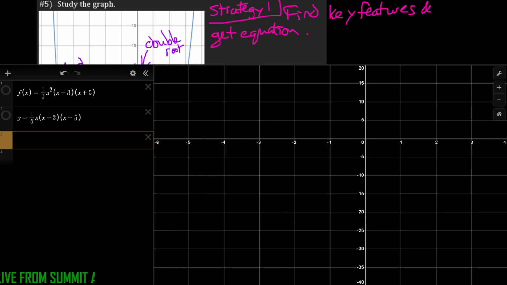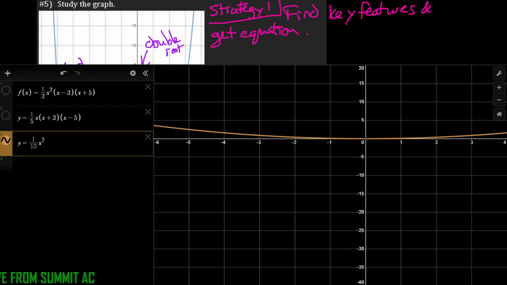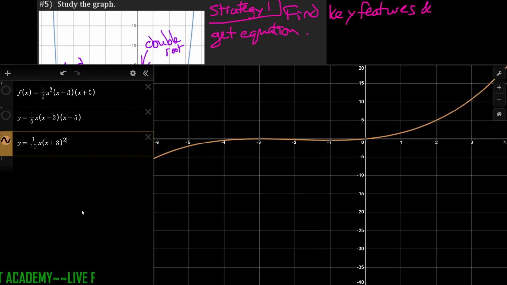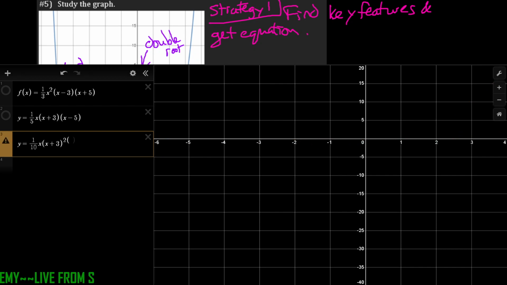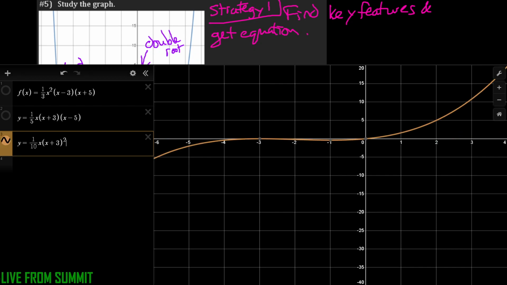Let's look at the next one, that choice C. So we have y equals 1/10 times x, x plus 3 squared, and is it x minus 5?